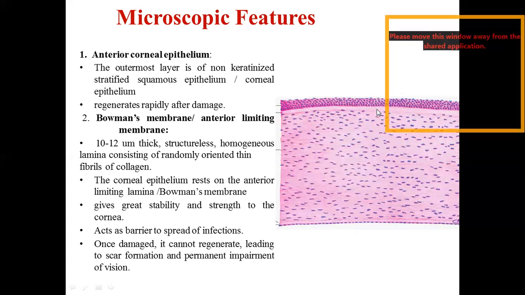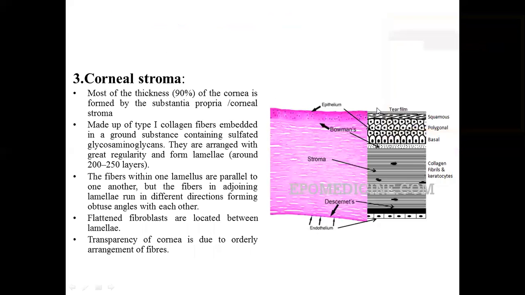It gives stability and strength to the cornea and acts as a barrier to prevent the spread of infections. Once this membrane is damaged, it does not regenerate, so there is formation of scar and impairment of vision.